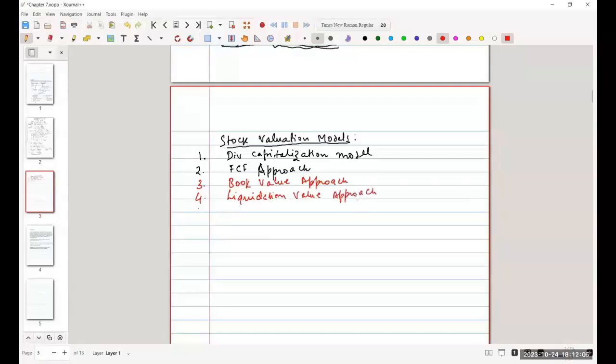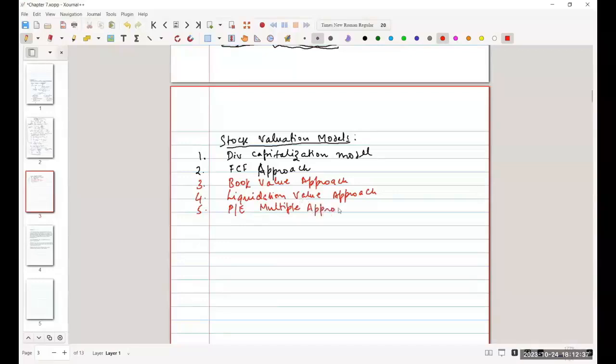And also a more popularly used one, for a quick reference to get a quick idea of what the stock's value might be today, is a handy tool. Go through it. You'll find it useful in your future life as well. Price to earnings multiple approach. Very simple to understand and gives you a very quick estimate of the value of a share. Mind you, it's quick, not accurate, but you can have a starting idea.